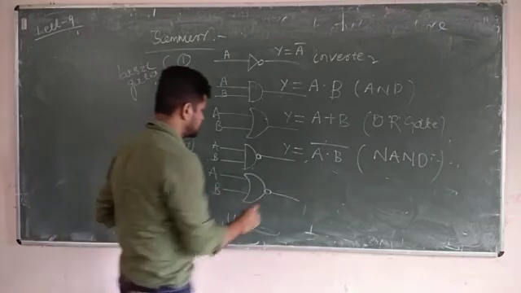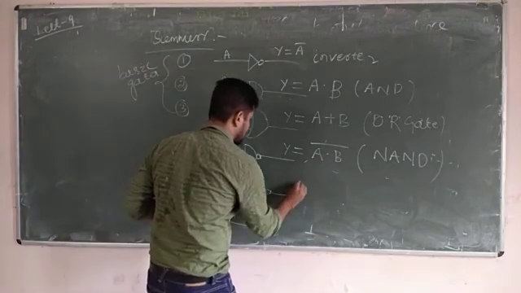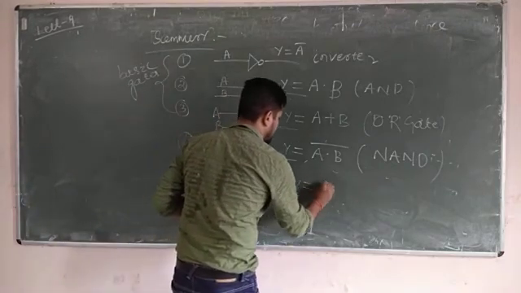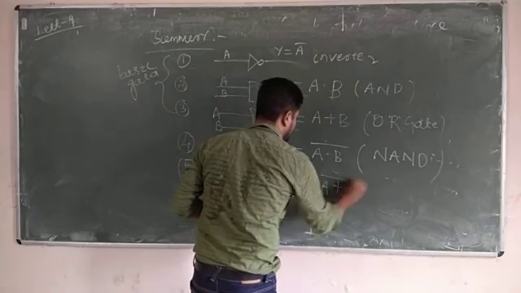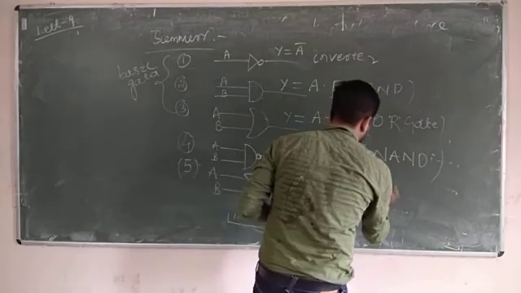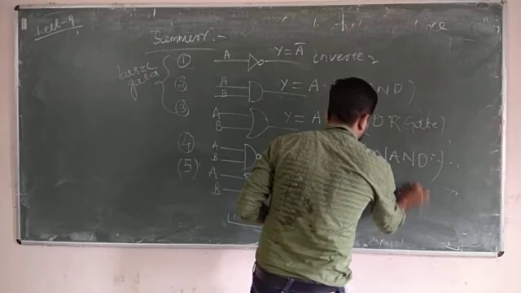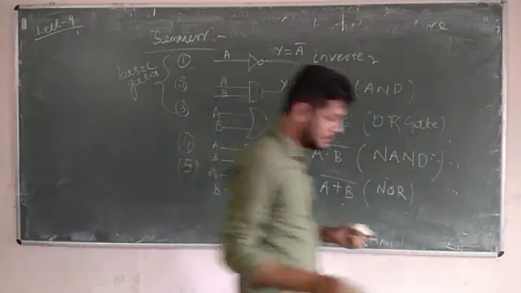And the next one we have studied is the NOR gate. So A or B whole bar. So this is for your NOR gate.